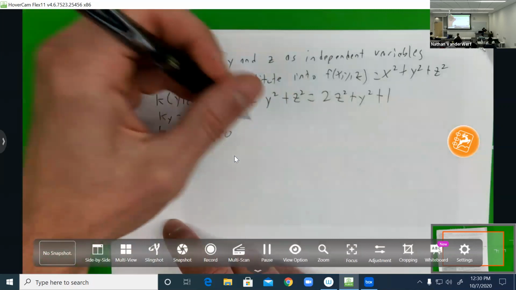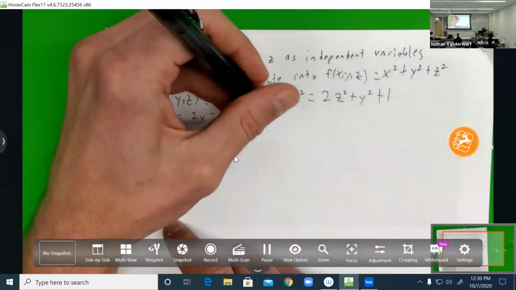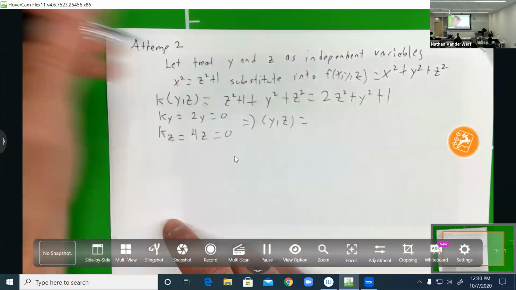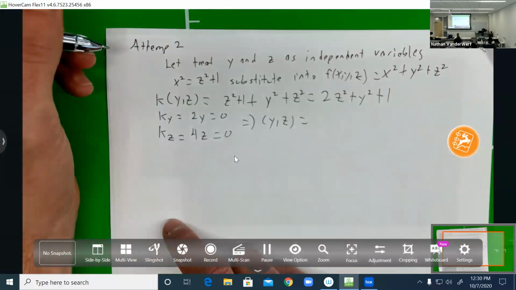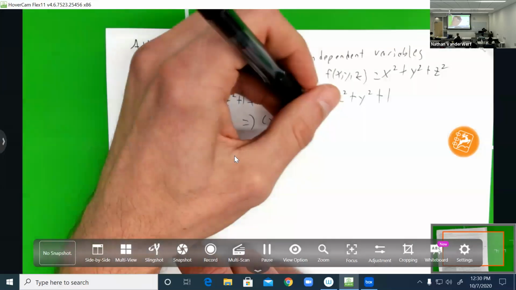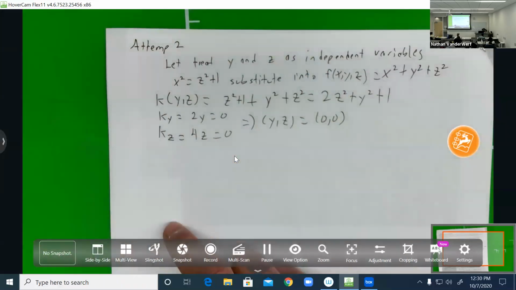We're going to set these equal to 0, and that's going to give us that y, z is equal to 0, 0. Wait, let me just make sure that this is right. Yep. So what does this lead to this time?